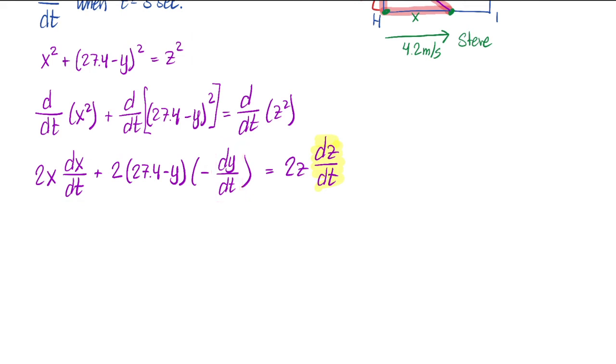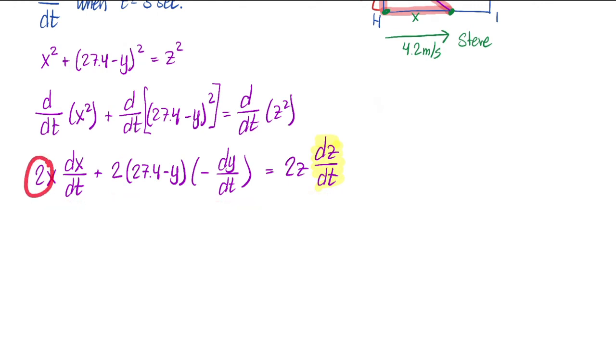What we do not know is x, how far Steve has run, y, how far Mary has run, and z, the distance between the two of them at 3 seconds. We can determine that because we know how fast they're running, and we know for how long they're running.